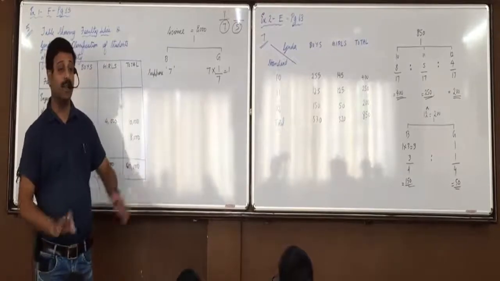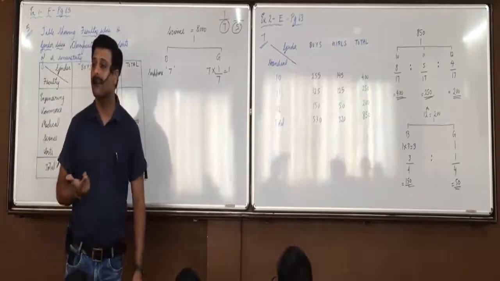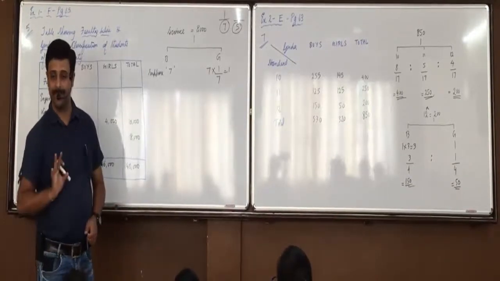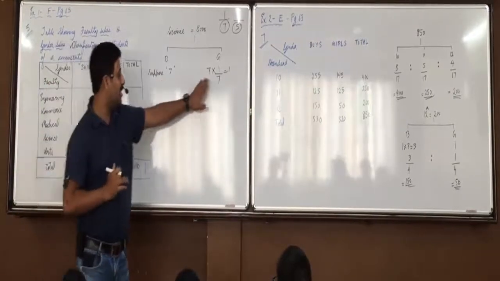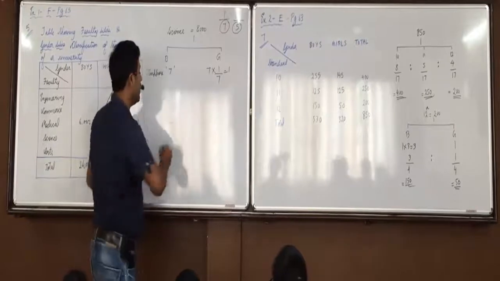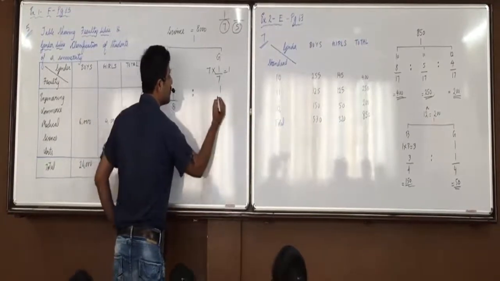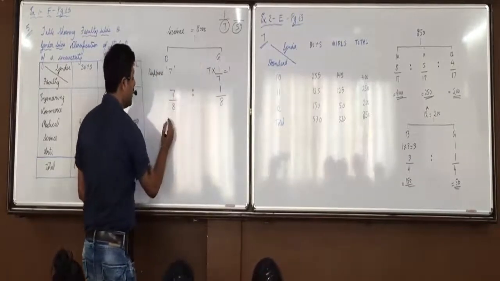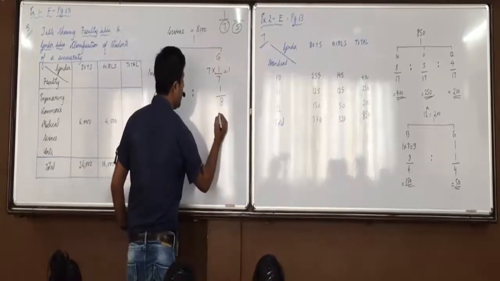If you assume 1, then it would come in decimals. 1/7, the number of girls will come 0.17 girls. This is the reason we assume the number of boys as 7. The number of girls 7 into 1/7, 1. Means the ratio comes to 7:1. 7 plus 1? 8. 7 by 8, 1 by 8. 8,000 into 7 by 8, 7,000. 8,000 into 1 by 8, 1,000.